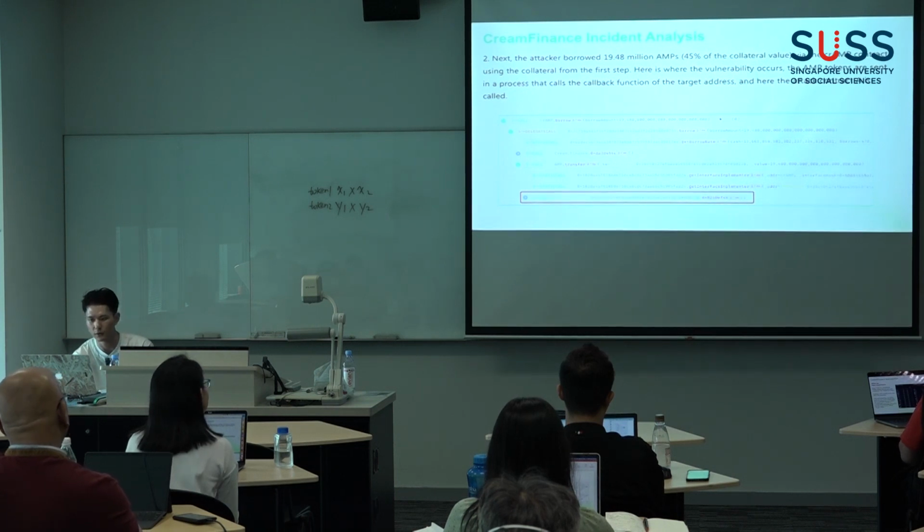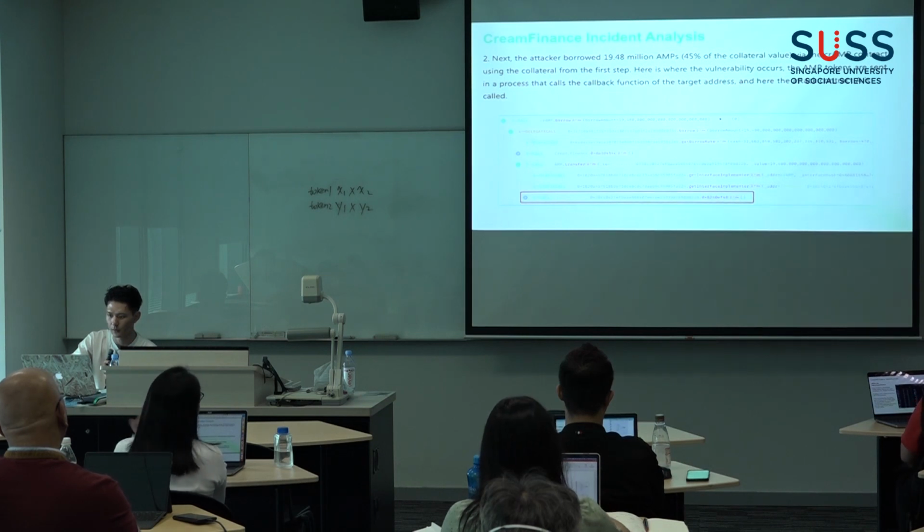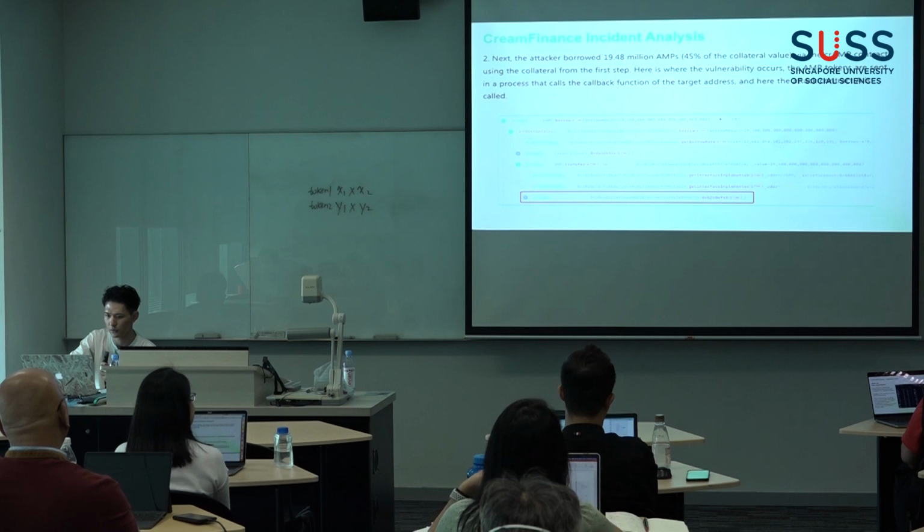Next, the attacker borrowed about 19 million AMPs via the CR/AMP contract using the collateral from the first step. The LP token can also be used as collateral. Where this vulnerability occurs, the AMP tokens are sent in a process that calls the callback function of the target address.